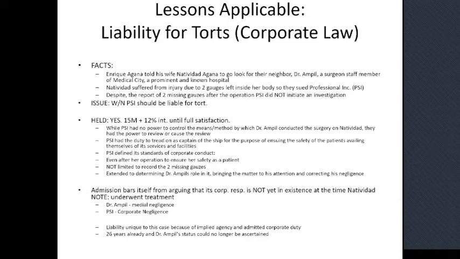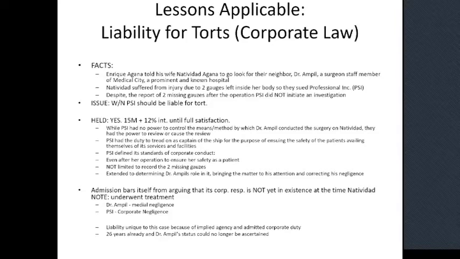The admission by itself, that they were able to locate the cause, is not by itself a bar to the corporate responsibility of PSI, even though at that time it was not yet in existence when the plaintiff underwent surgery.